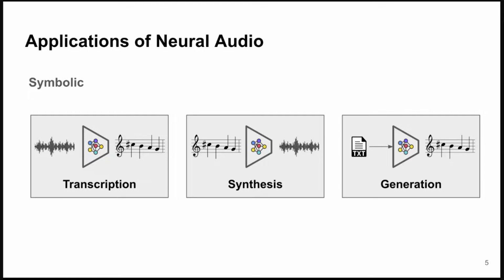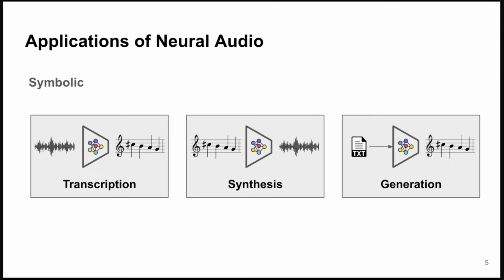The whole idea is that we have different applications for neural audio, for symbolic music and symbolic audio. One of them is transcription, for instance. That means that from a waveform, we run a neural network model on this waveform and output a symbolic representation of audio that can be MIDI, piano roll, or notes in a music sheet.